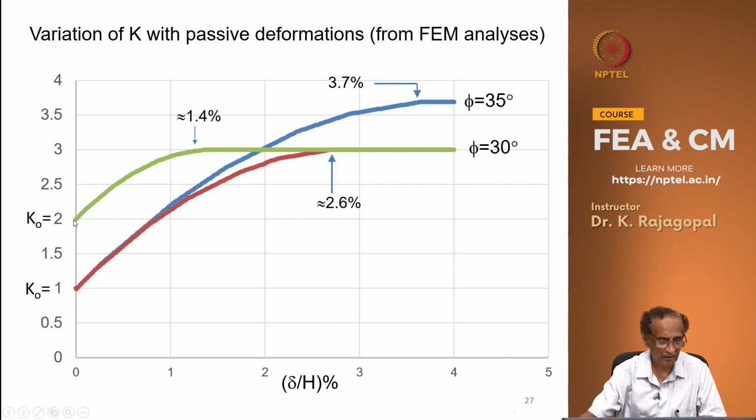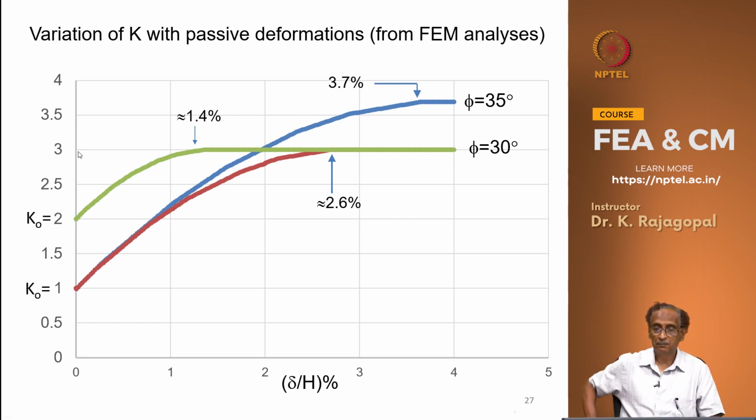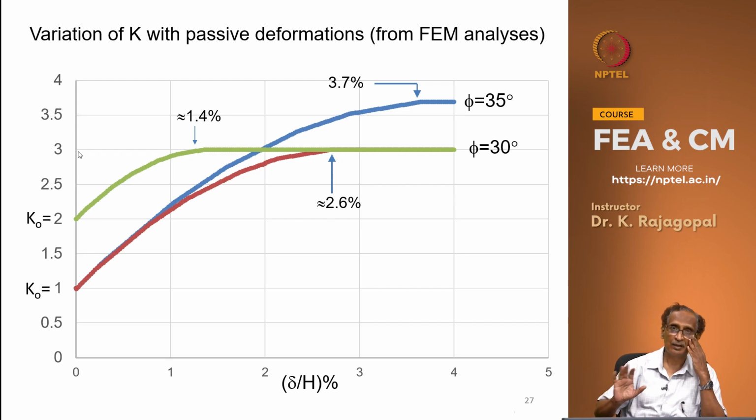But if your K naught is 2, initial K naught itself is high, closer to 3, you require only 1.4% wall deformation, because already the K naught is close to 3. So you might think, what if K naught is 3, then initially itself the soil will be in passive state, and with further increase of the lateral deformations, the pressure state will not change.